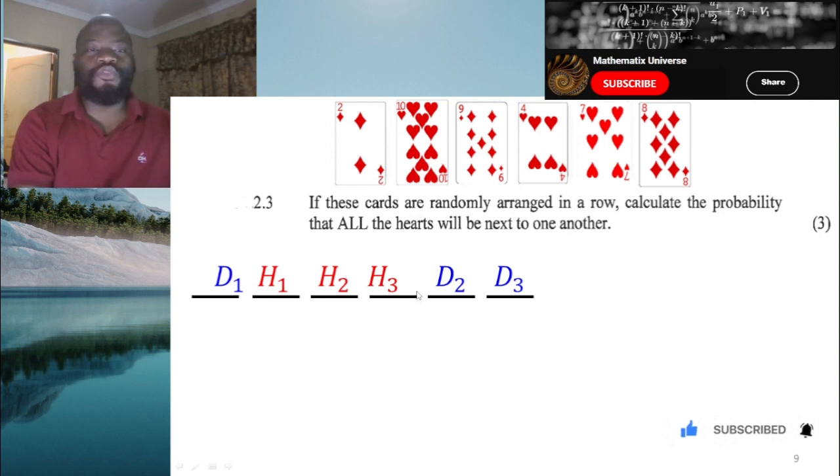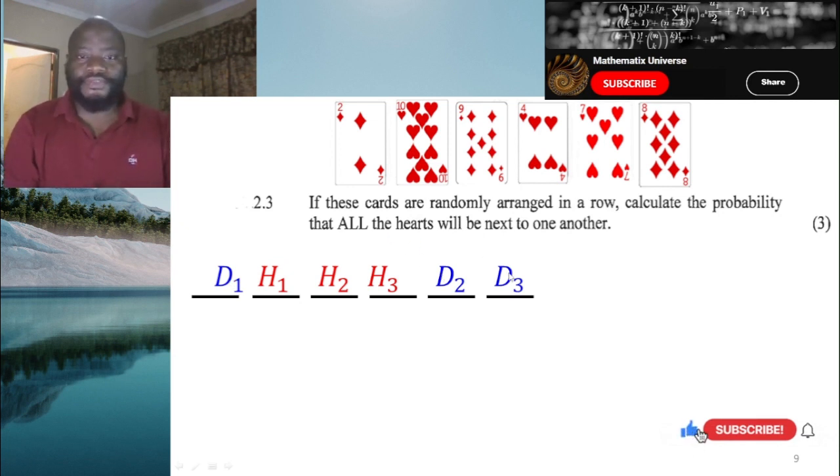So we're going to look at this as one thing, as a group. So this group is going to be counted as one. So we have one, and then 2, 3, and 4 things that are moving around. So because there are 4 things moving around, it will be 4 factorial.